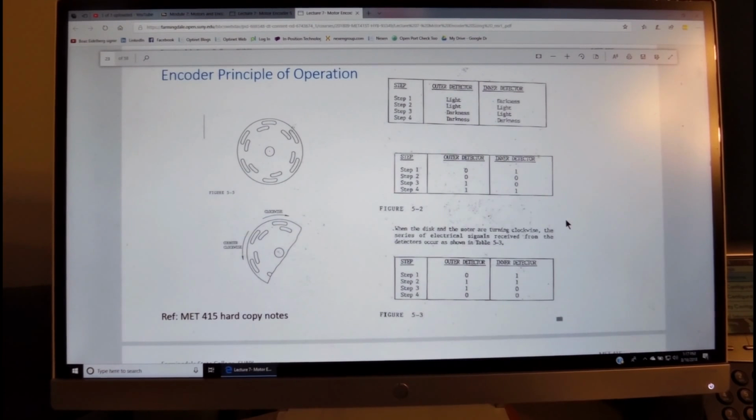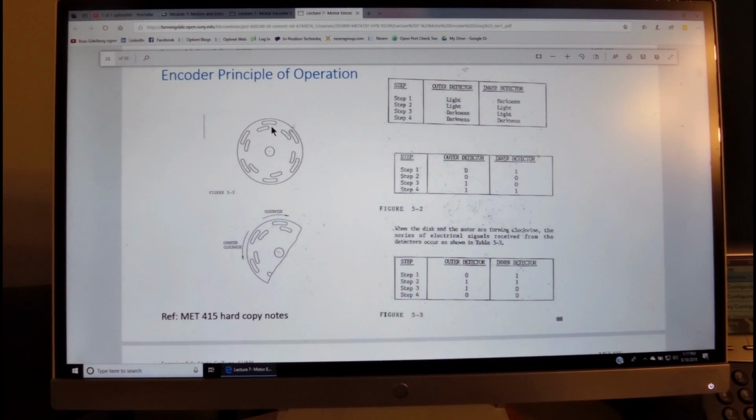Here's an example of how the encoder may change the analog signals into digital signals. When the light is hitting this slot, it will be indicated, for example, as binary code 1 or 0.